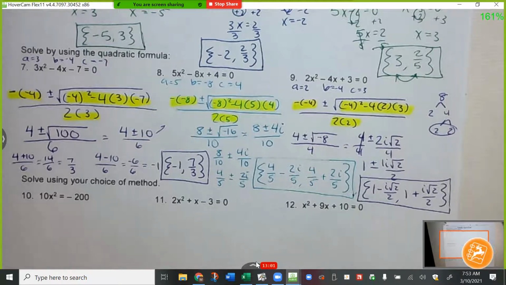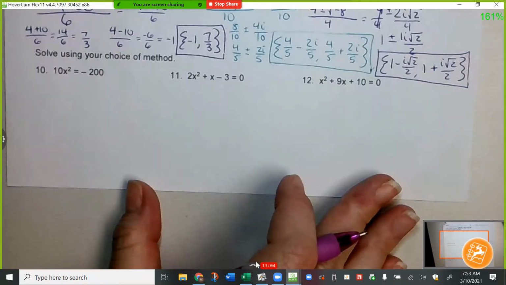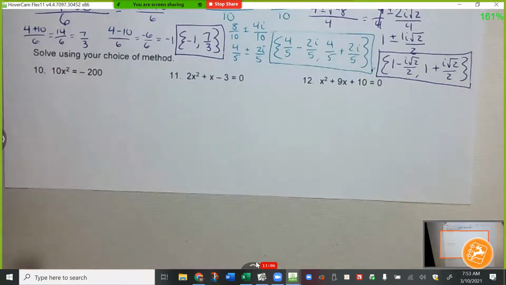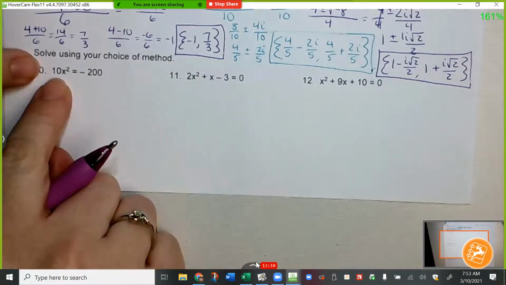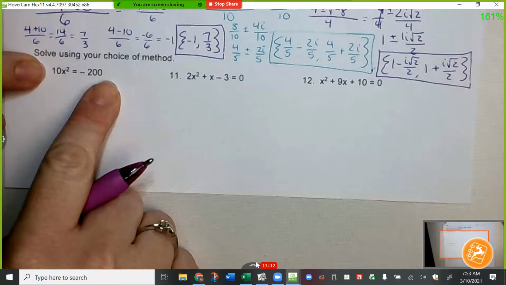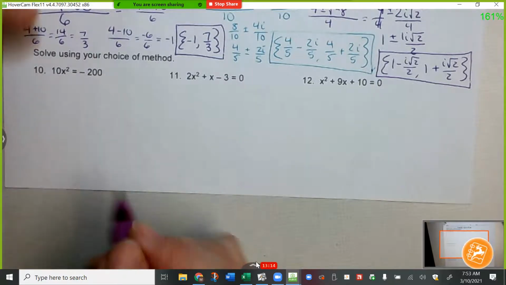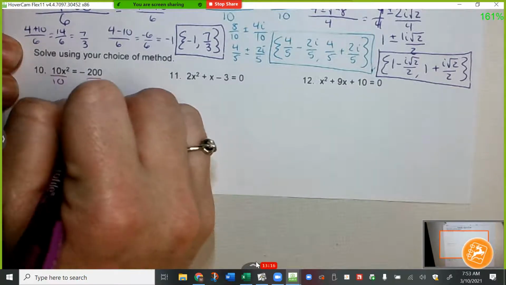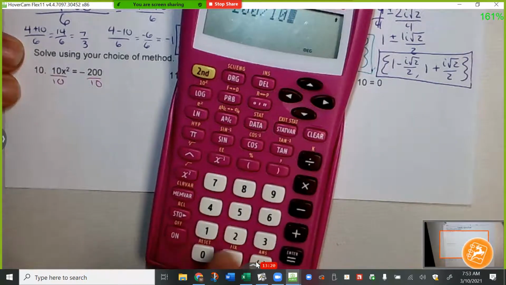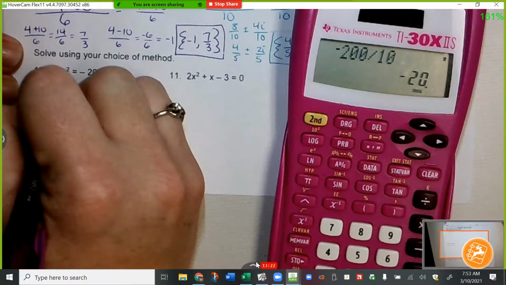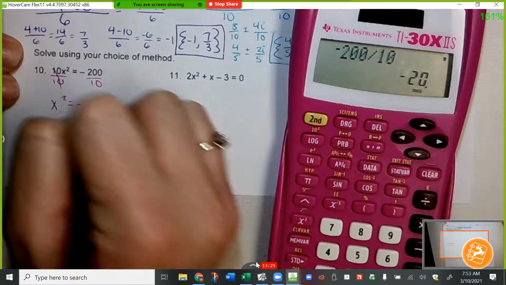Okay, the next bunch of them are solved using your own method. Y'all pick whatever's easiest. So I can see right here I have something squared and I have a number. So I'm going to do the square root method. I'm going to divide both sides by 10. Negative 200 divided by 10 is negative 20. So I get x squared equals negative 20.